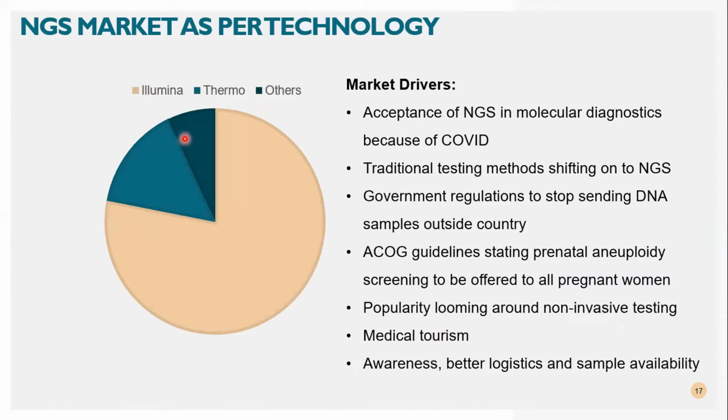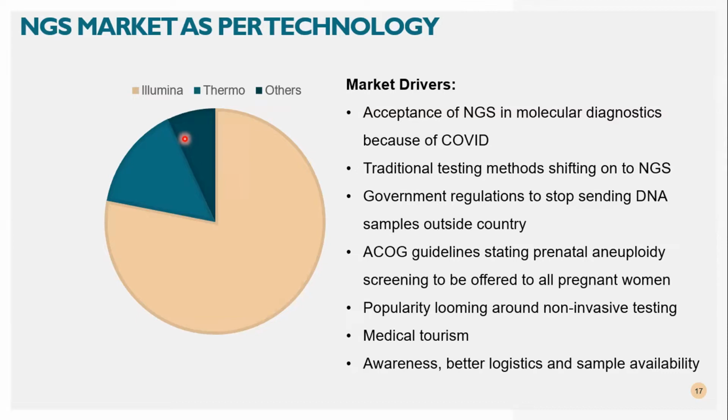So what are the market drivers? Why is this NGS market growing? There are various factors. First, an important one is COVID, because of the emergence of various variants of the SARS-CoV-2 virus. Sequencing is the one tool which could help you identify the different variants coming from this virus. So of course, there are extensive applications on this.